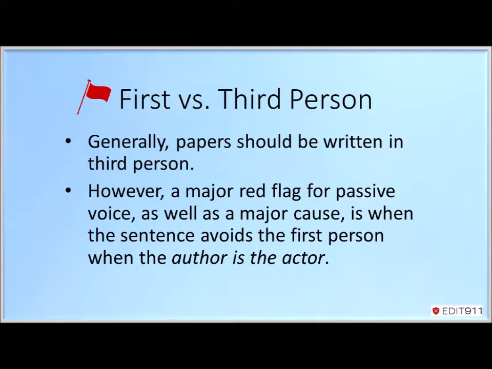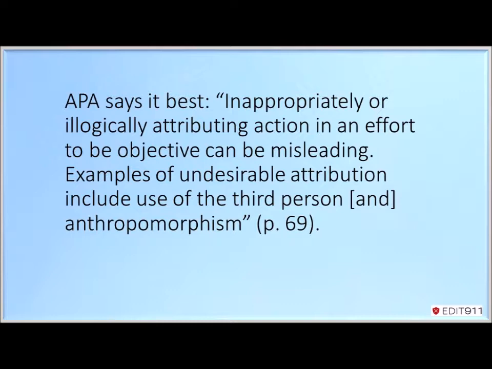However, a major red flag for passive voice, as well as a major cause, is when the sentence avoids first person even when the author is the actor. The author is oftentimes the researcher or the subject or the observer, and when they're trying to write the paper as though they don't actually exist, you get some horrible sentences.